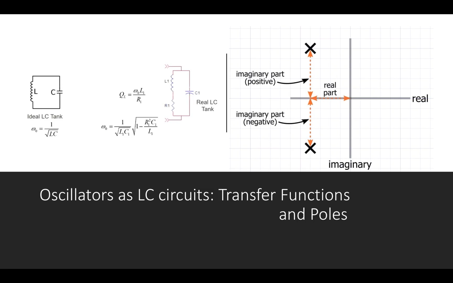Next, we are going to look at oscillators, and oscillators convert a DC input into an AC output, and commonly used oscillators are LC oscillators. They are used because they're good with phase noise characteristics.